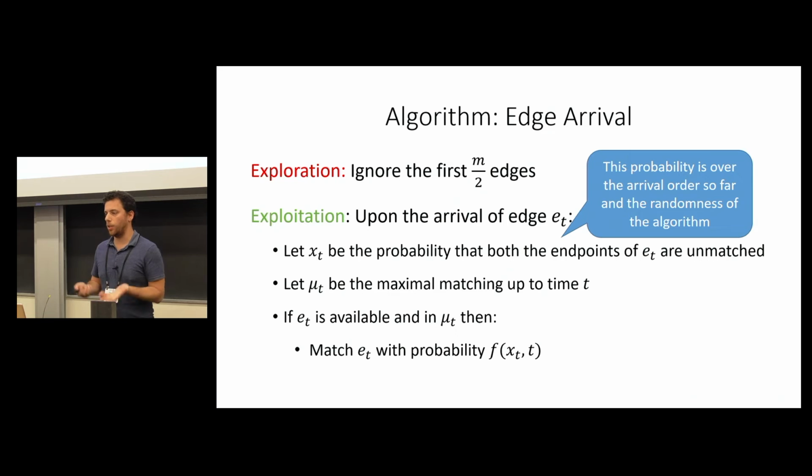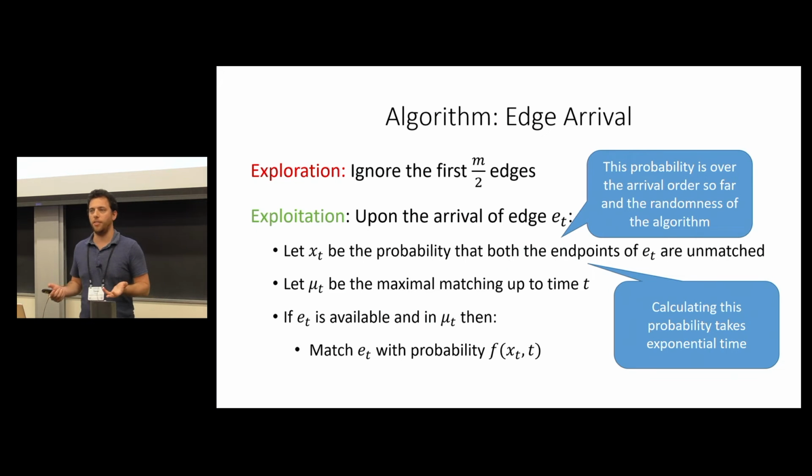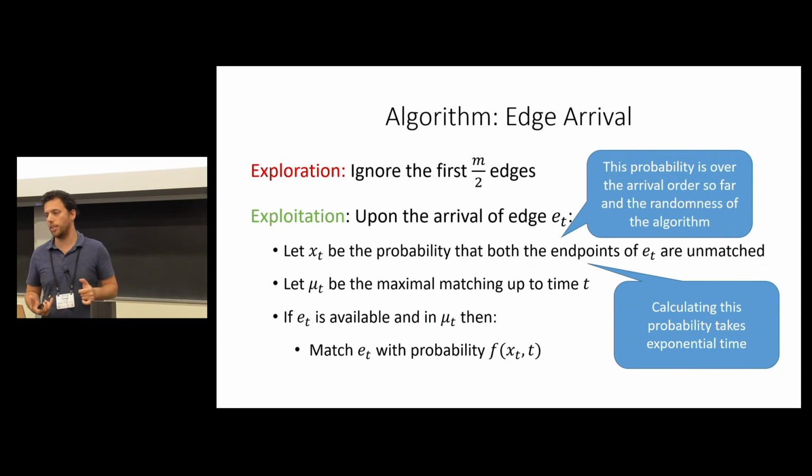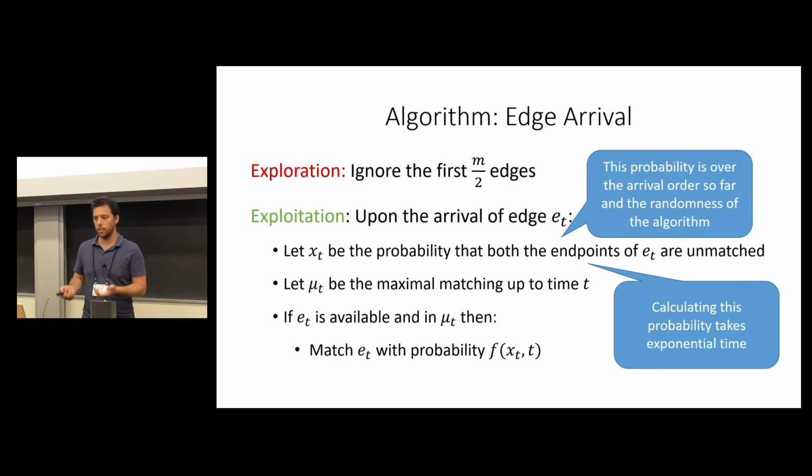Calculating xt is a very difficult task, it requires going over all the suborders so far and calculating an expression for each suborder. So calculating xt takes exponential time, but let's assume that we calculate it.